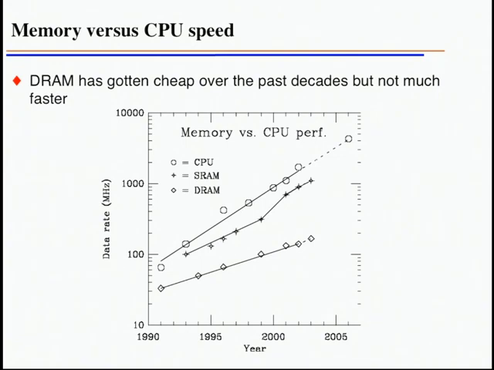So here's a plot comparing the performance of a CPU versus the performance of two different memory types. Most importantly, there's the DRAM, which is what your main memory is built out of.